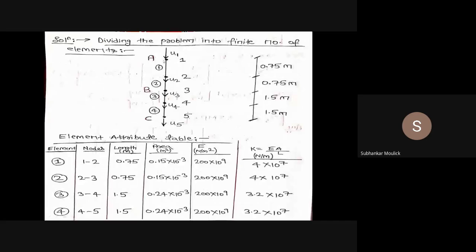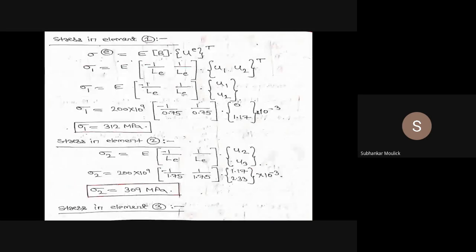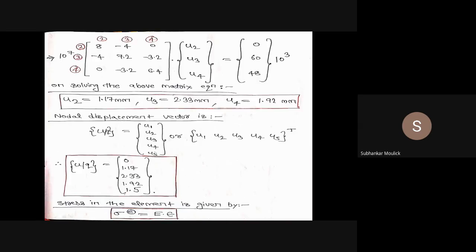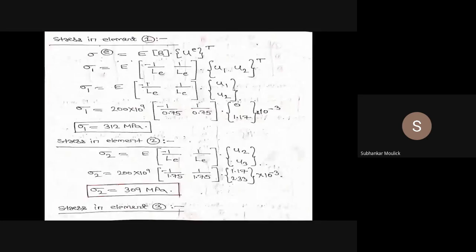Since I am talking about element number 1, sigma 1 is equal to E. Again, I know that this strain displacement matrix is a 1 cross 2 matrix, 1 row and 2 columns, and is given by minus 1 upon LE, 1 upon LE. What is LE? LE is the length of the element, and I know that the length of the first element is 0.75 meter.